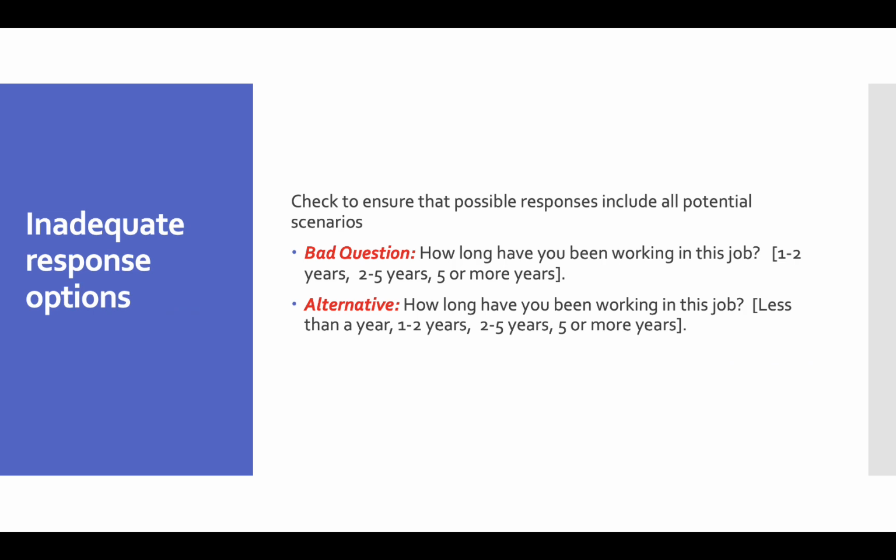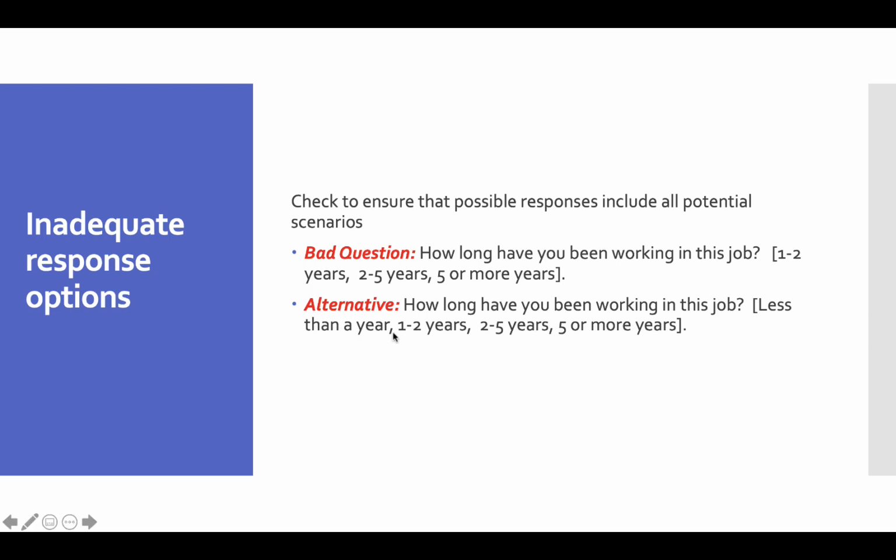Inadequate question options. Check to be sure that the possible answers include all of the scenarios. I talked about this earlier. So how long have you been working for this job? 1 to 2 years, 2 to 5 years, 5 or more. Remember when I asked this question before? You don't have all of the options. So here you could say, this is still not good.